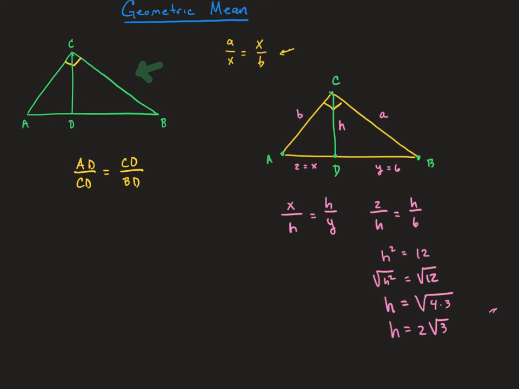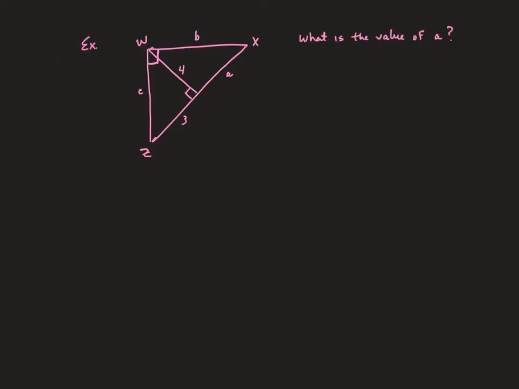So looking at this example, we have triangle WXZ, and they are asking me, what is the value of A? Well, the value of A is going to be this little segment right here. And looking at my altitude, I have an altitude here drawn, and I guess I better give an end segment, right?